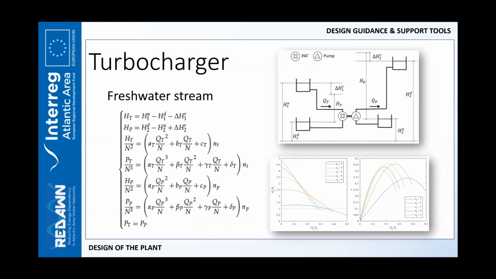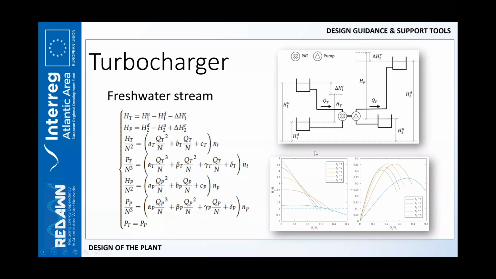Then what about the turbocharger? As I told you before, the turbocharger is a specific device that allows the connection between a PAT and the pump to use the turbine energy to feed the pump. In this scheme, you can see that the energy of a freshwater stream is used to pump water from a lower reservoir to an upper reservoir.